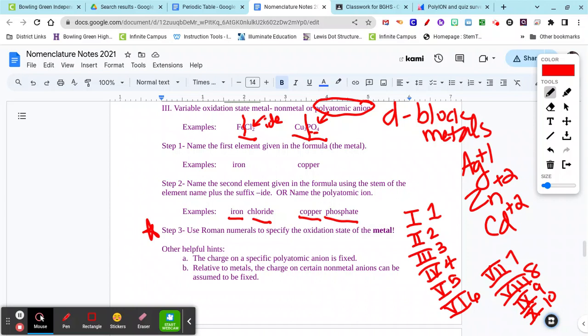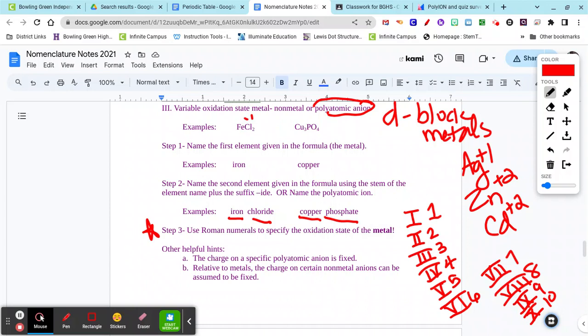Now the way we can figure this out is we know that the charge on the specific polyatomic anion is going to be fixed, and your charges on your nonmetals are fixed. So I'm going to go back up to my formulas. I know that my chloride has a -1 charge because I can look on the periodic table and figure that out.